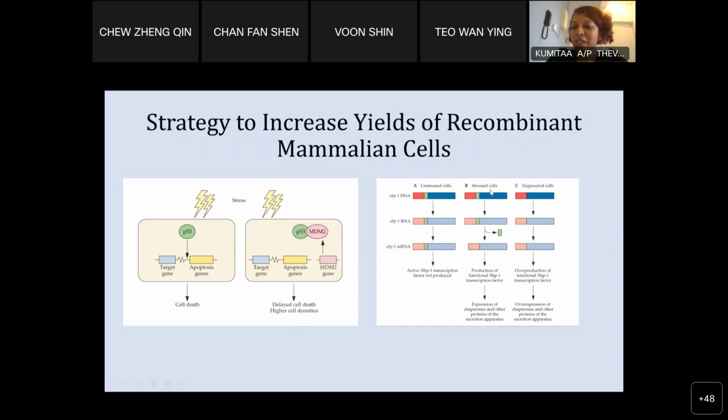But whether it's stressed or engineered, you get different amounts of your transcription factor being produced. It really depends on what you're trying to express and how much stress you're applying. So when I talk about stress in this case, even things like heat shock or electroporation, which is an electrical pulse, also count as stress.